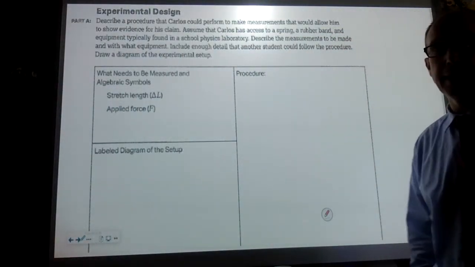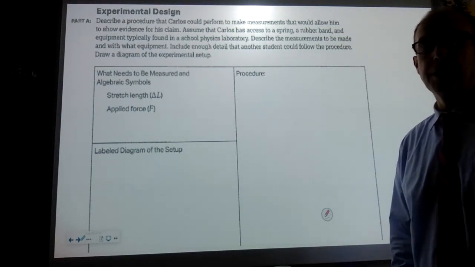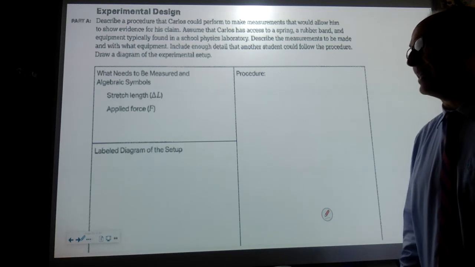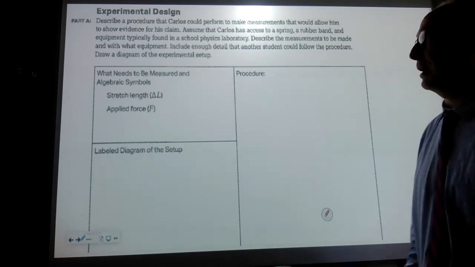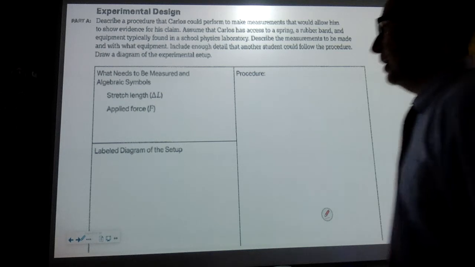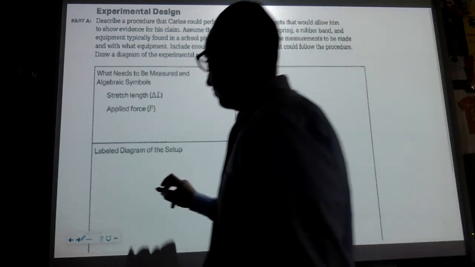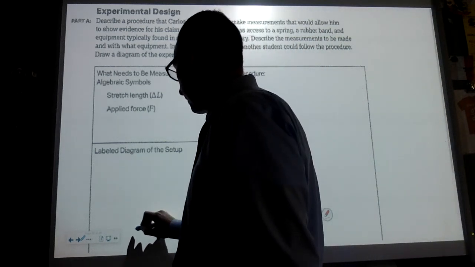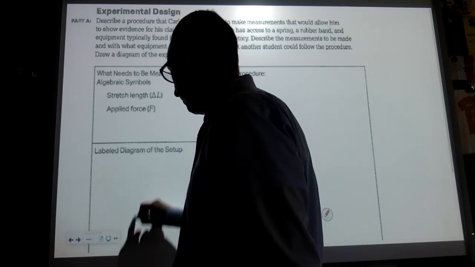All right, so the first thing that I would want to do in the procedure is figure out an easy way to stretch the spring and to stretch the rubber band. And so I'm going to start with a crossbeam.